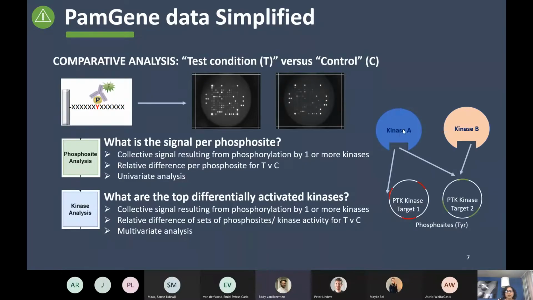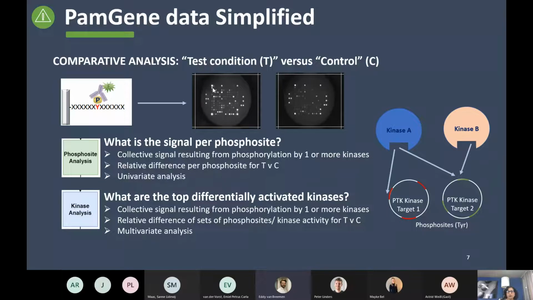So just to simplify PAMGene data, it's very important to remember that it's a comparative analysis where we always compare any two given conditions, one or more test conditions versus a control condition. And when you compare a test and a control, you see what the differential phosphorylations are.